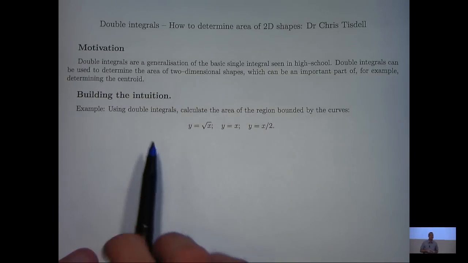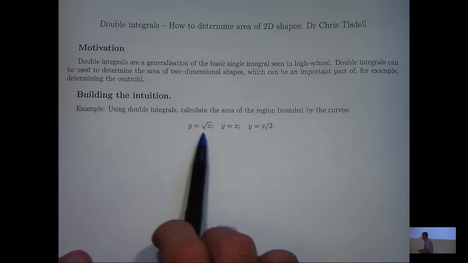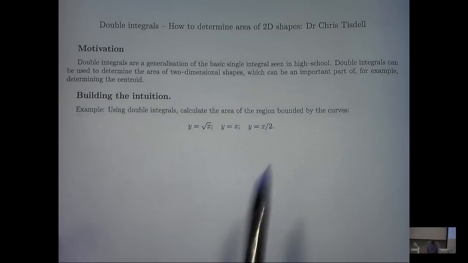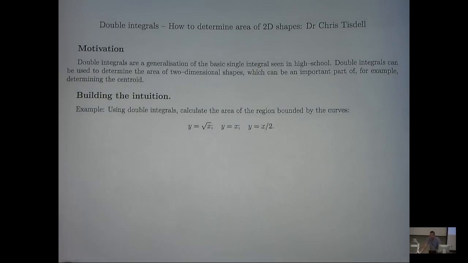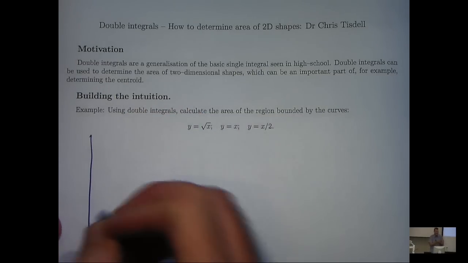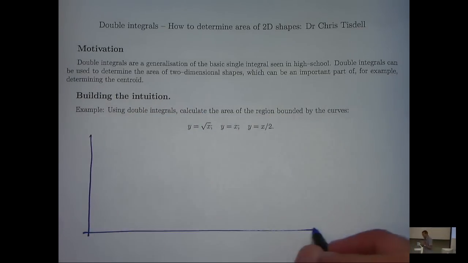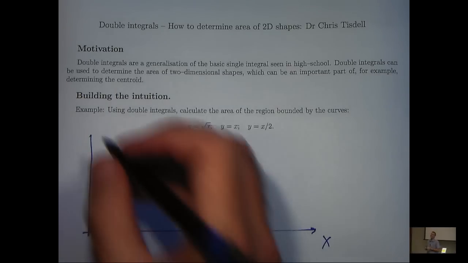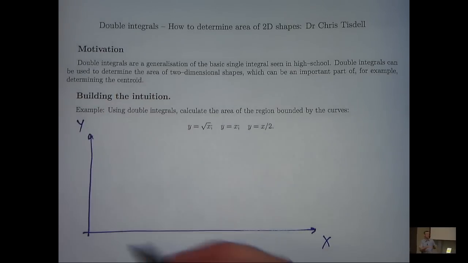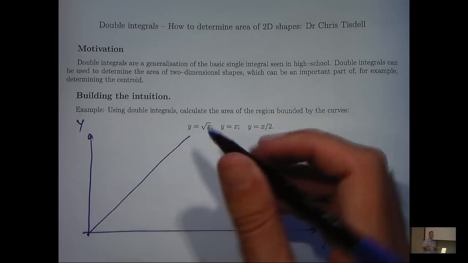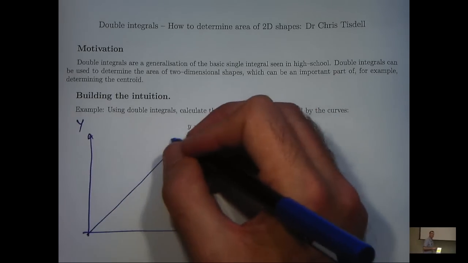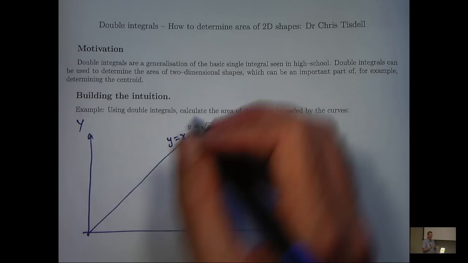So for this particular example, I'm going to sketch these curves and get a good geometric understanding of the region that we are working with here. I'm just going to draw a rough sketch. So here's the line y equals x.